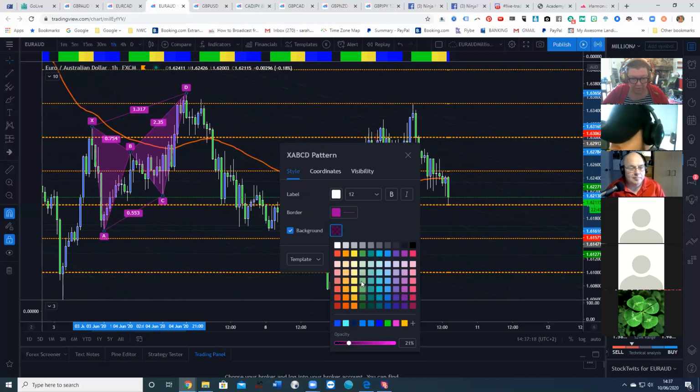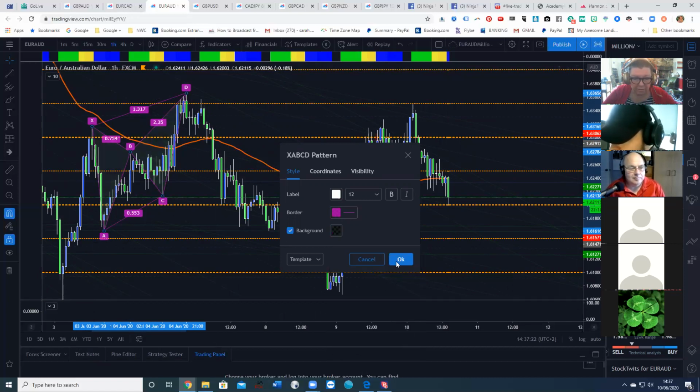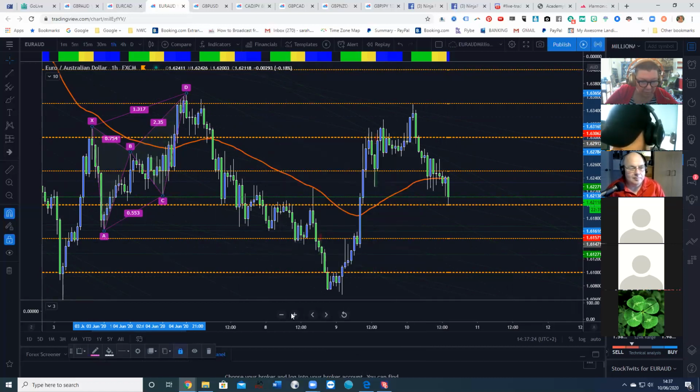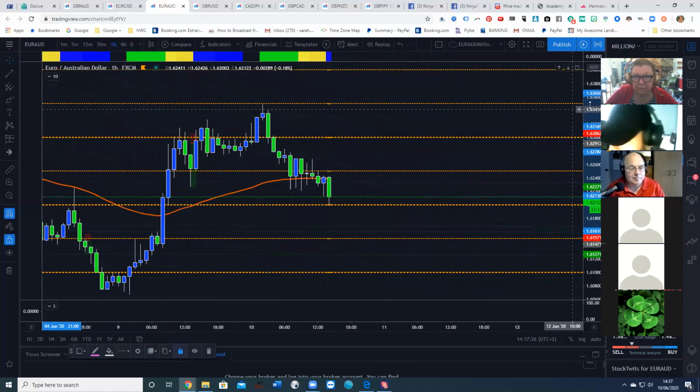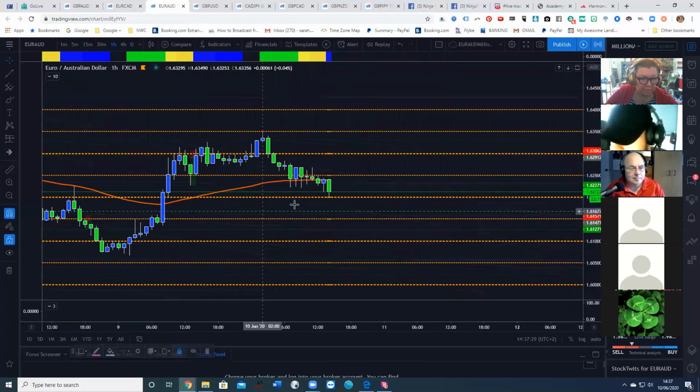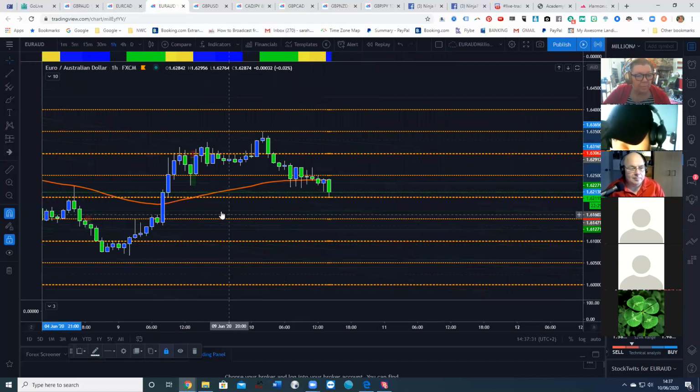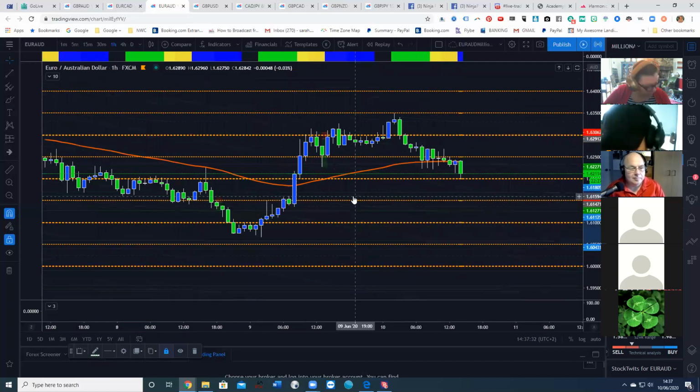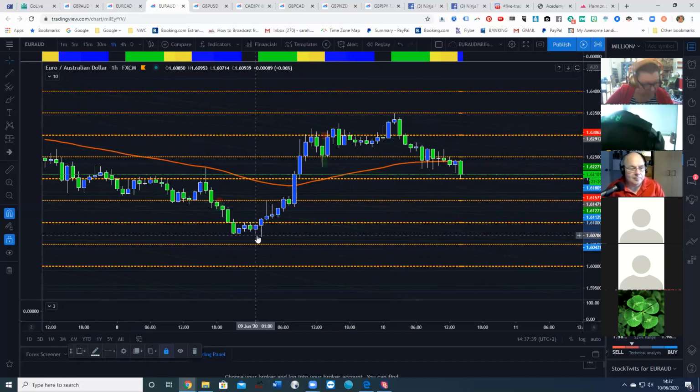Usually I put that in green. Let's fade it out a bit more. Right. So we've got to come back onto the same time frame that you found the scan on, and we want 3rd of June at 0300, so it's a bit further back.